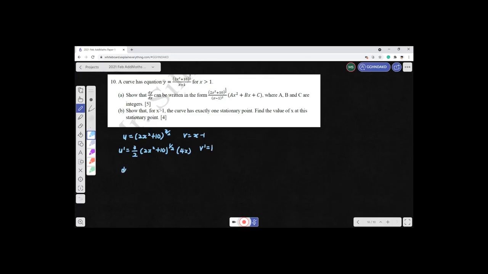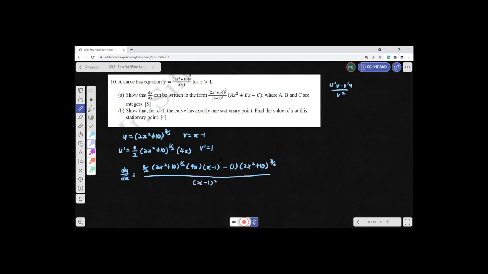So when you do dy/dx, I hope you all don't forget the formula: u prime v minus v prime u over v squared. I'm writing it down here so that you all understand what I'm writing. 1 over 2, 4x, and the v, minus the v prime 1 and the u, over the whole thing v squared.